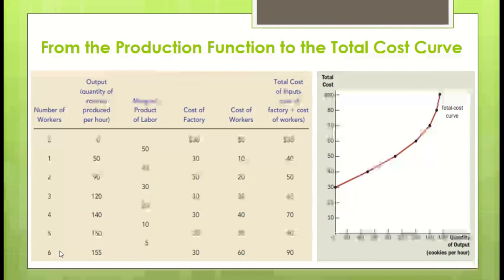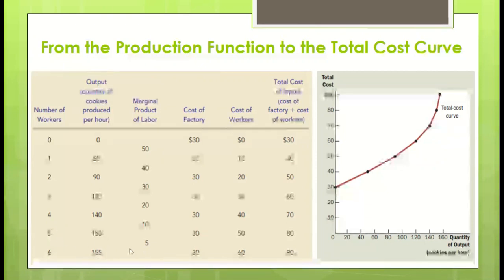Coming to the number of workers, here in this case it is 6. By hiring 6 laborers, the output produced, that is the quantity of cookies produced per hour, is 155 units, and in this case the marginal product of labor is 5, which can be calculated by the formula, change in Q divided by change in L. That means change in Q is 155 minus 150, divided by change in labor, that is 6 minus 5 equals 1, and the marginal product of labor here is 5.